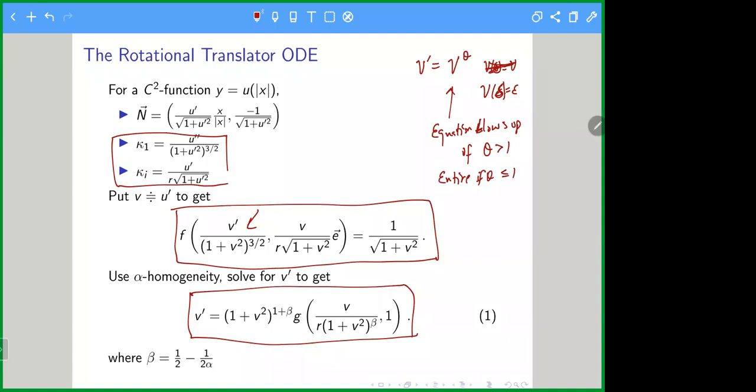So the question of entireness or non-entireness basically comes down to whether the right hand side is comparable to v to the theta, where theta is bigger than 1; then it has to blow up in finite time, and so on. Finite radius.